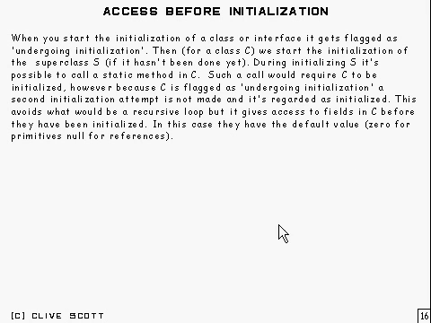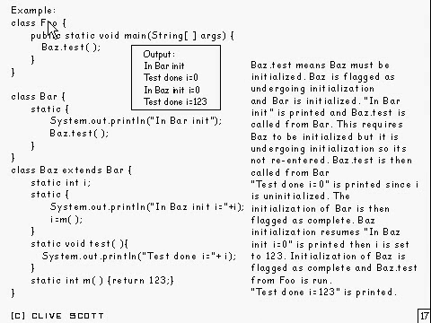Okay, so let's see an example of that. Right, here's the slightly trickier example. What we've got here is a class Foo, where it starts here, and it calls Baz.test. There's Baz down there, and test is over there.